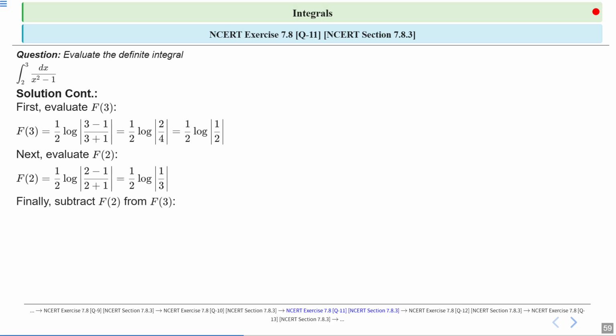So to find the value of the definite integral, finally we subtract F2 from F3. So I is equal to 1 by 2 log 1 by 2 minus 1 by 2 log 1 by 3. So factor out 1 by 2. We get I is equal to 1 by 2 times log 1 by 2 minus log 1 by 3.